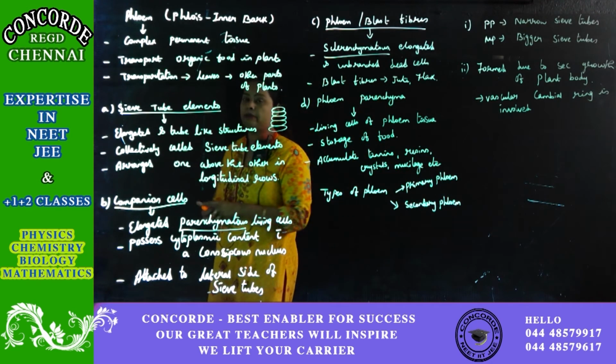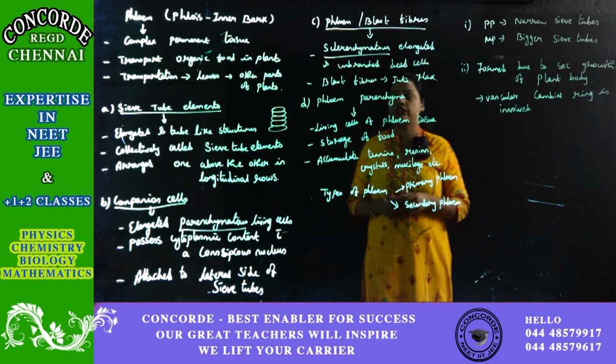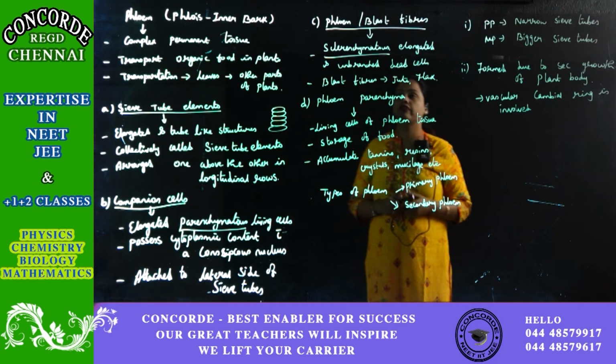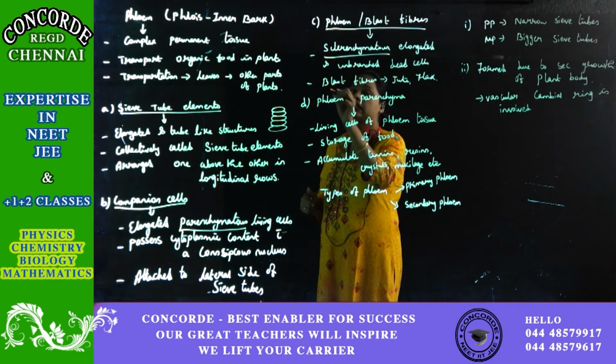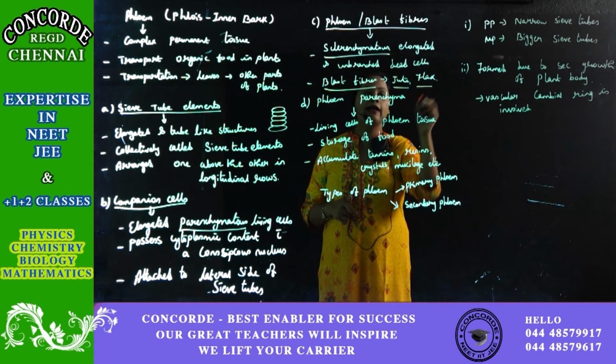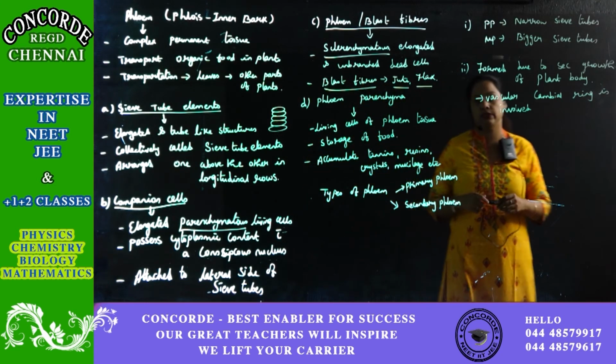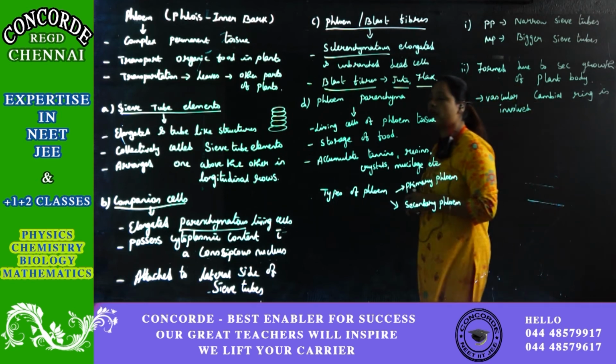These sclerenchymatous cells are dead, unbranched cells. The function of phloem fibers is that they are used in the jute industry and flax industry.